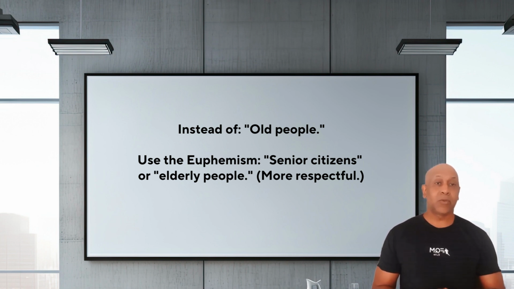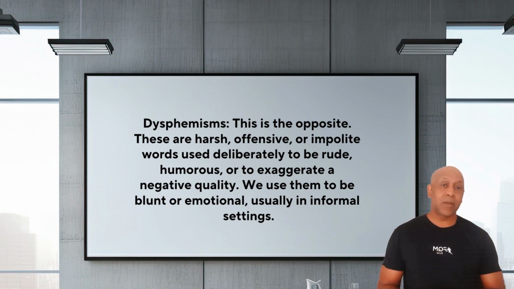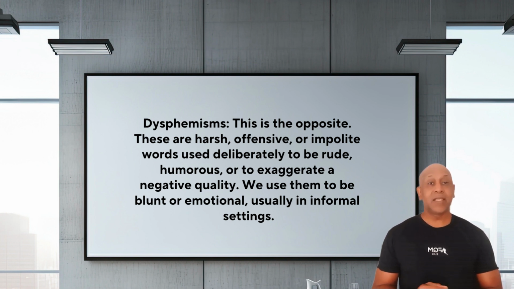It's more respectful. Next up, dysphemisms. This is the opposite. These are harsh, offensive, or impolite words used deliberately to be rude, humorous, or to exaggerate a negative quality. We use them to be blunt or emotional, usually in informal settings.